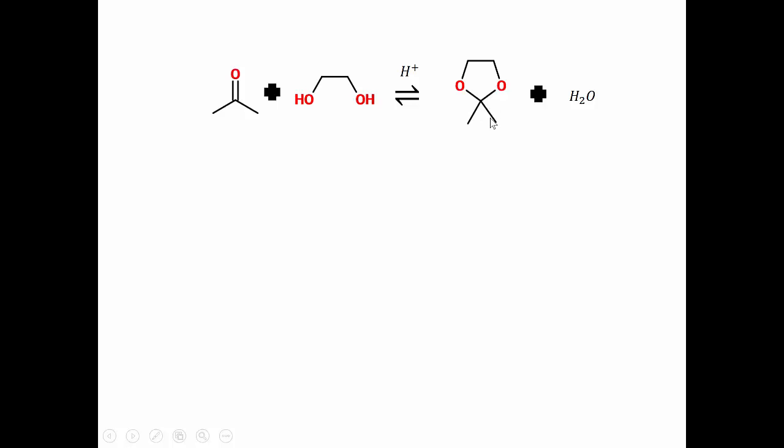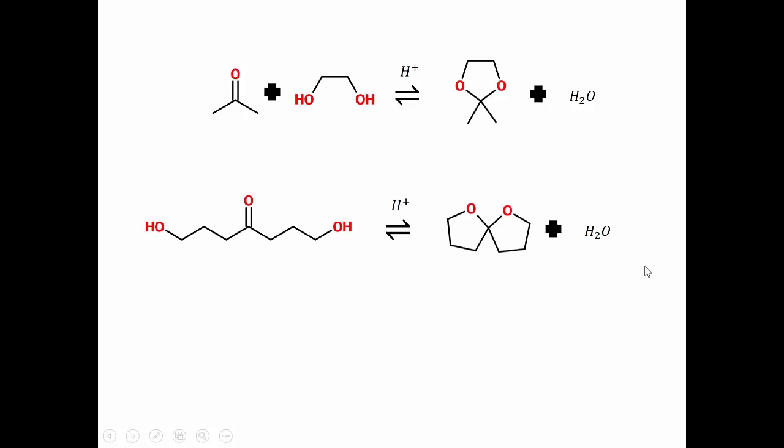Make sure that you can see that this is a ketal group. I have 2 carbon-based chains on either side of a carbon, and on that carbon I have 2 ether groups, a geminal diether. It just so happens that in this case, the 2 ether groups are connected to one another.